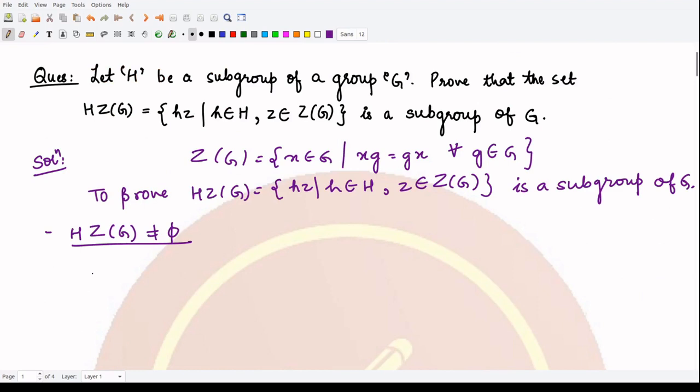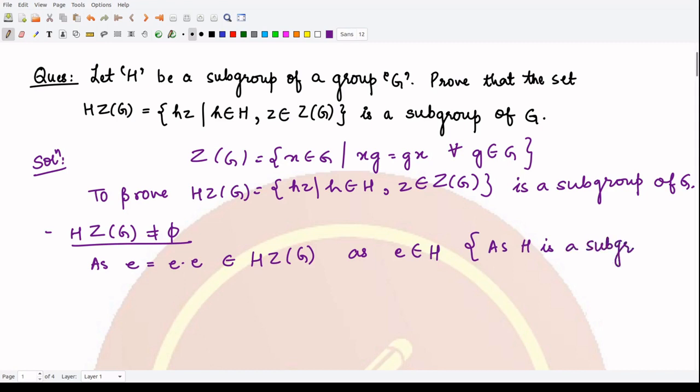Why? Because e belongs to HZ(G). Why? Because e, the identity element of G, could be written as e times e, right? This belongs to HZ(G). Why? Because e belongs to H, because H is given to be a subgroup of G, so it definitely contains the identity element.